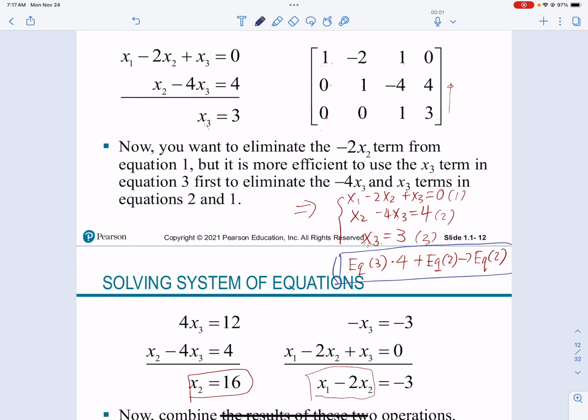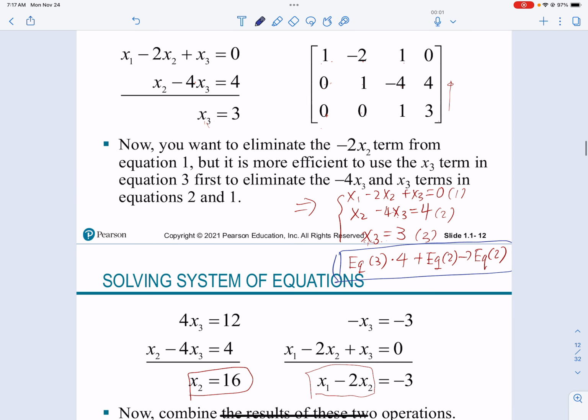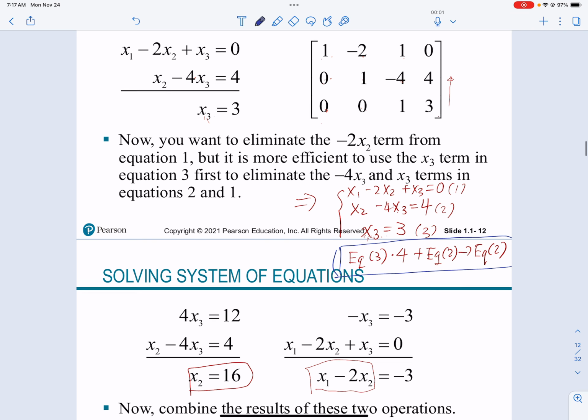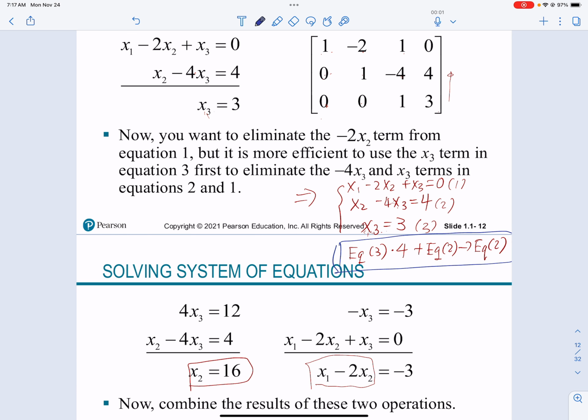Yeah, so equation 3 times 4 plus equation 2 goes to new equation 2. Then what will be the corresponding matrix? It will be here. What will we have? x2 equal to 16. So this number will go to 0, and this number will go to 16.